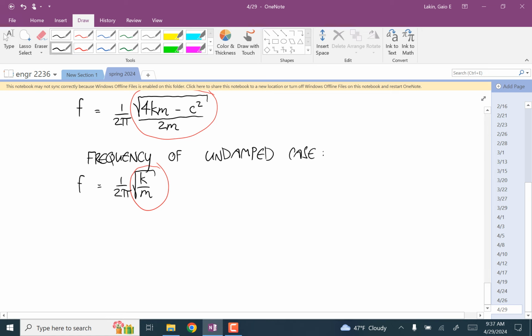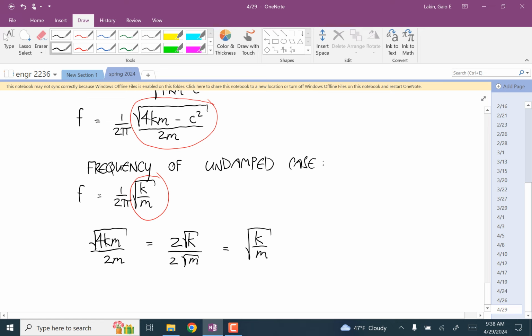Well, notice that the square root of 4km over 2m is equal to 2 times the square root of k over 2 times the square root of m. Okay, so that's just equal to the square root of k over m.